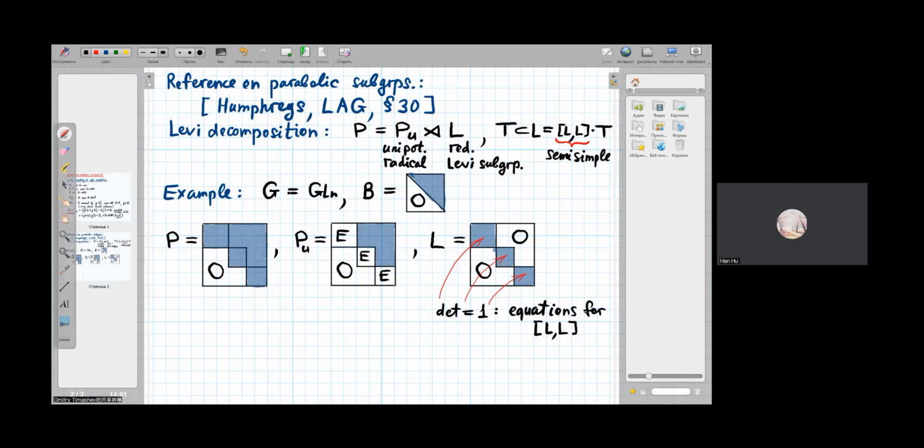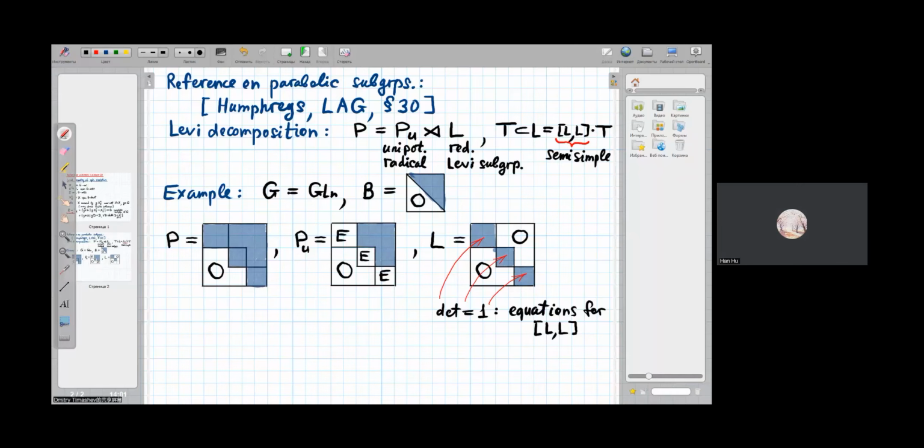Hey, Professor. The determinant 1 only ensures that the derived subgroup is contained in the determinant 1 block diagonal matrices. Of course. No, I mean the derived subgroup consists exactly of all block diagonal matrices with determinants of blocks equal to 1. Oh, so this is non-trivial.